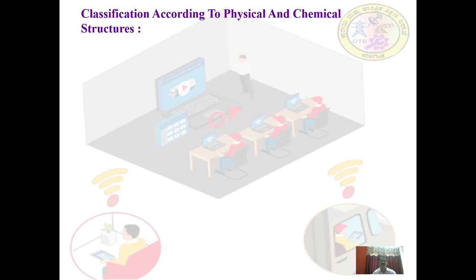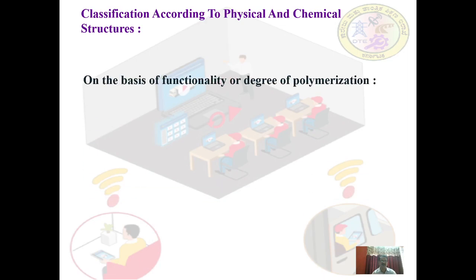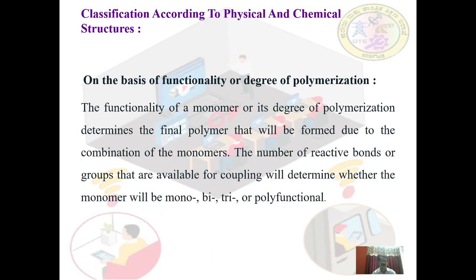Classification according to physical and chemical structures. On the basis of functionality or degree of polymerization, the polymers are actually classified. The functionality of a monomer or its degree of polymerization determines the final polymer that will be formed due to the combination of monomers.